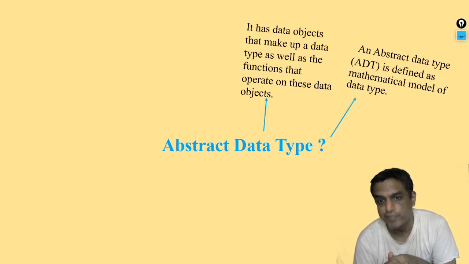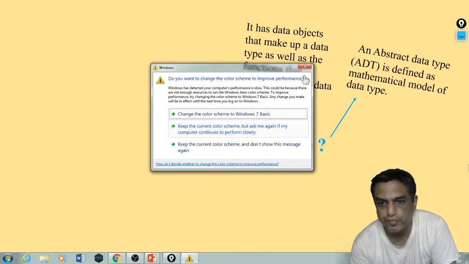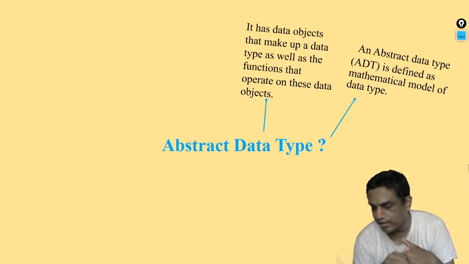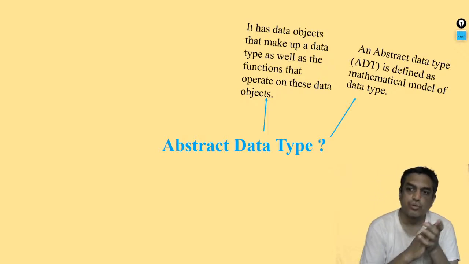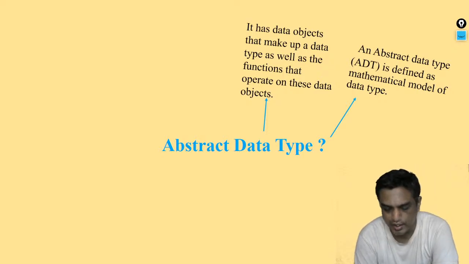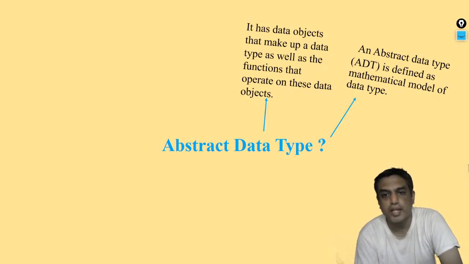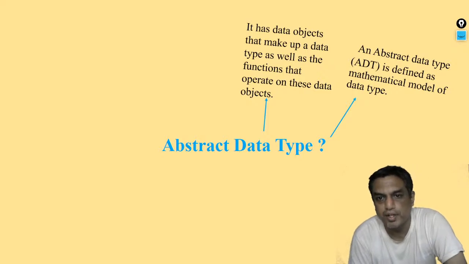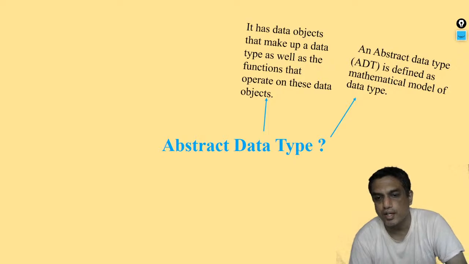It has data objects that make up a data type as well as the functions that operate on these objects. So what is an abstract data type? Abstract data type is a mathematical model of data type. It has data objects or data items that make up a data type as well as the functions that operate on these data objects.